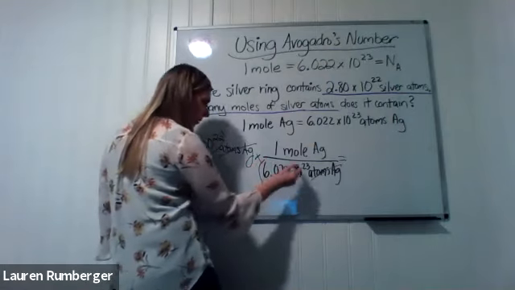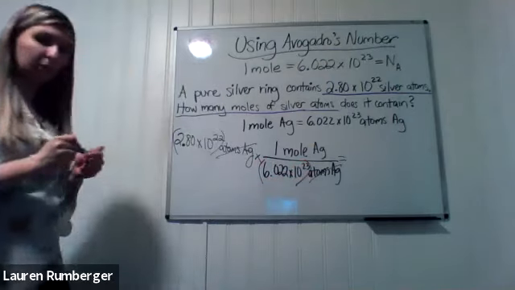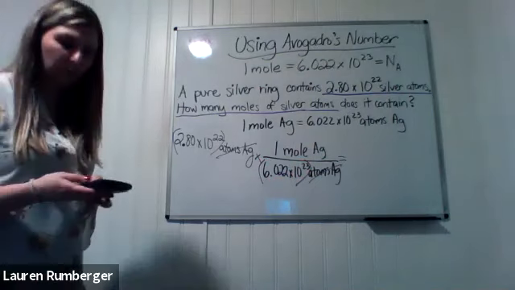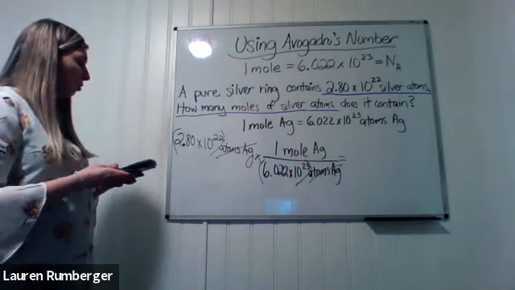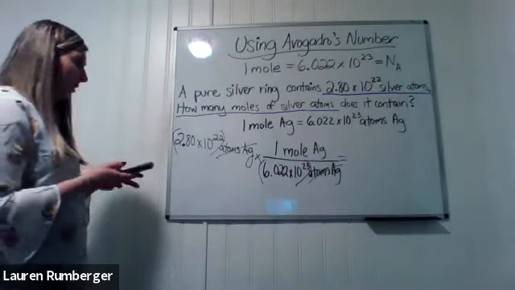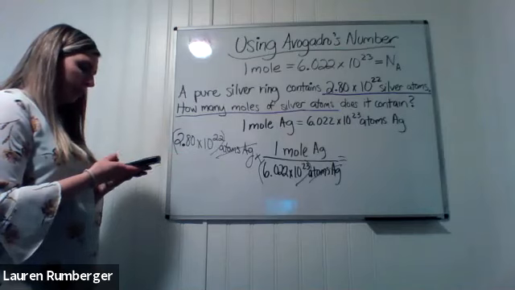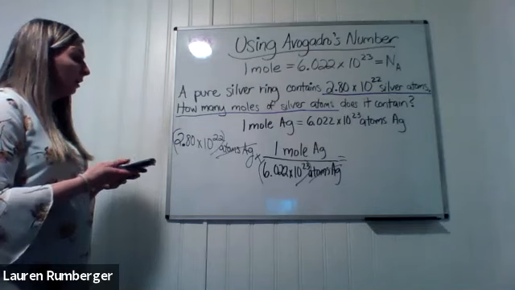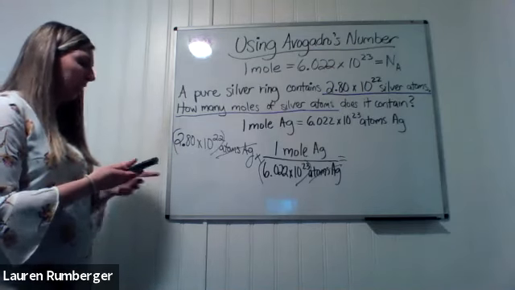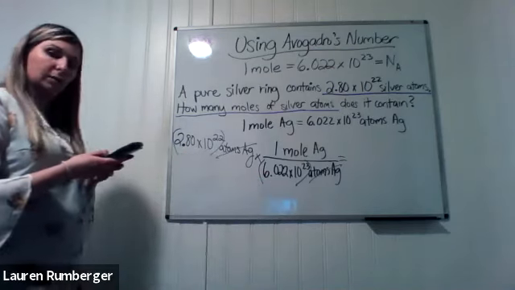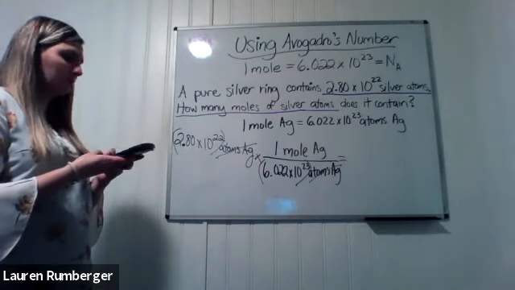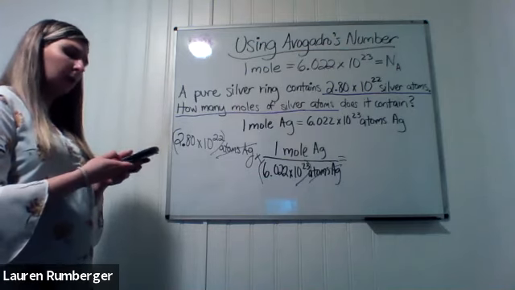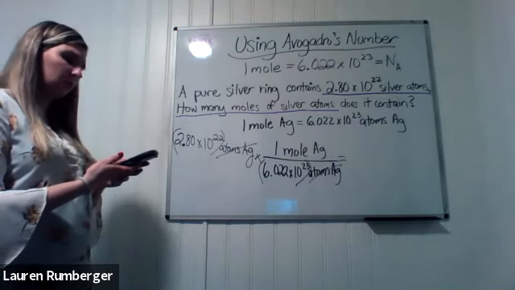So you're going to want to use the parentheses twice in your calculator when you're inputting this in to ensure that it does the correct order of operations. 2.80, so I did open parentheses, 2.80 times 10 raised to the power 22, close parentheses, divide, this is dividing because it's the denominator, divided by open parentheses 6.022 times 10 raised to the 23, close parentheses, equals.